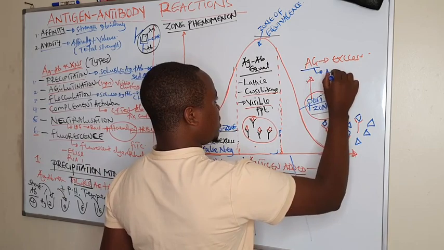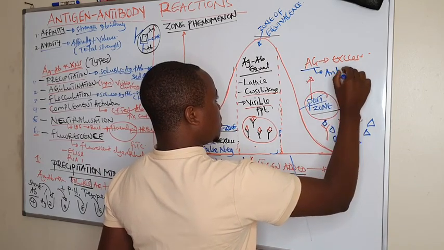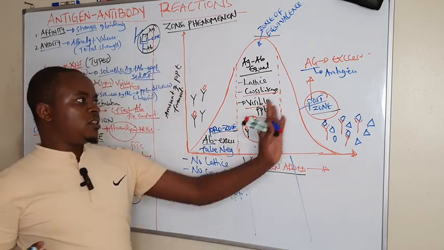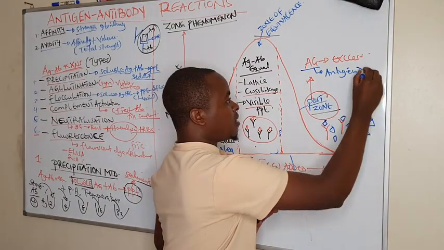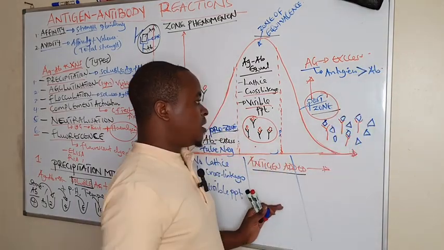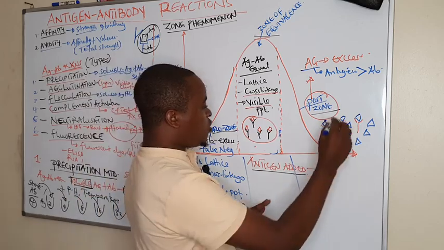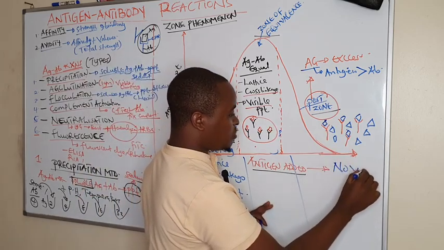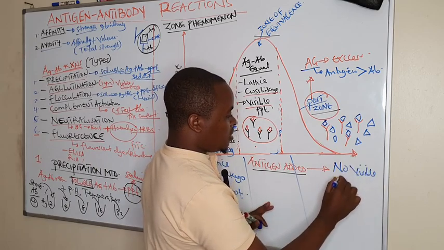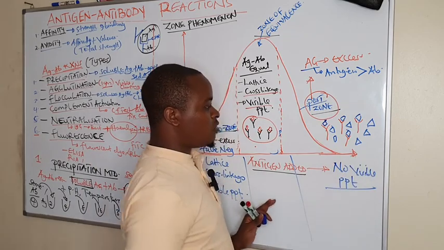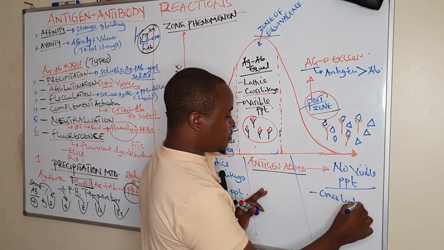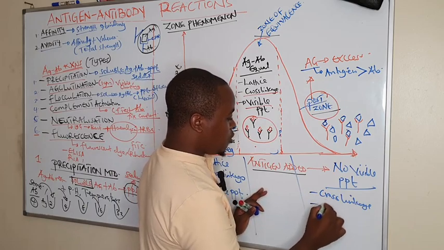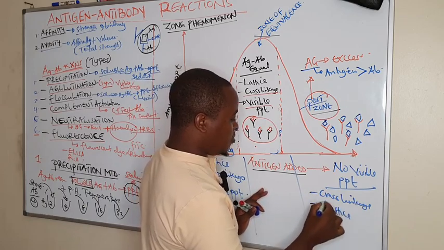So the proportion of antigen to antibody is greater. We see antigens being greater than antibody. And there is no visible precipitation, because there will be no cross-linkage and no lattice formation.